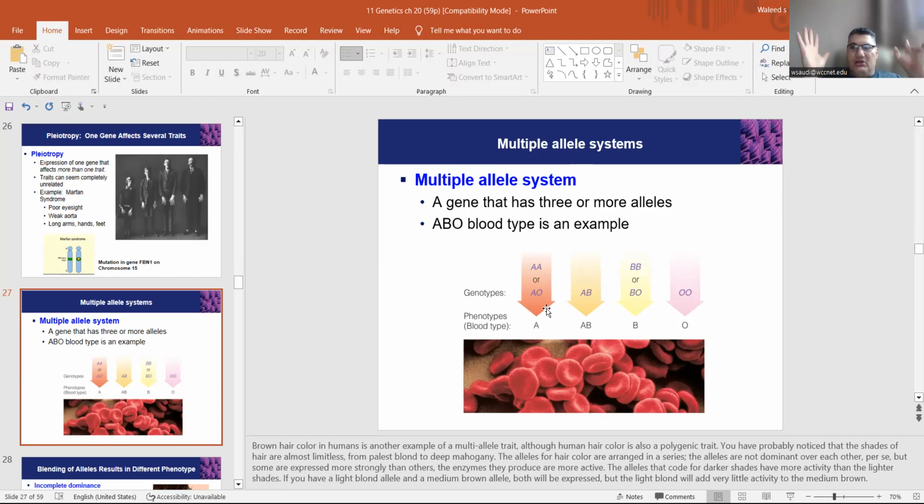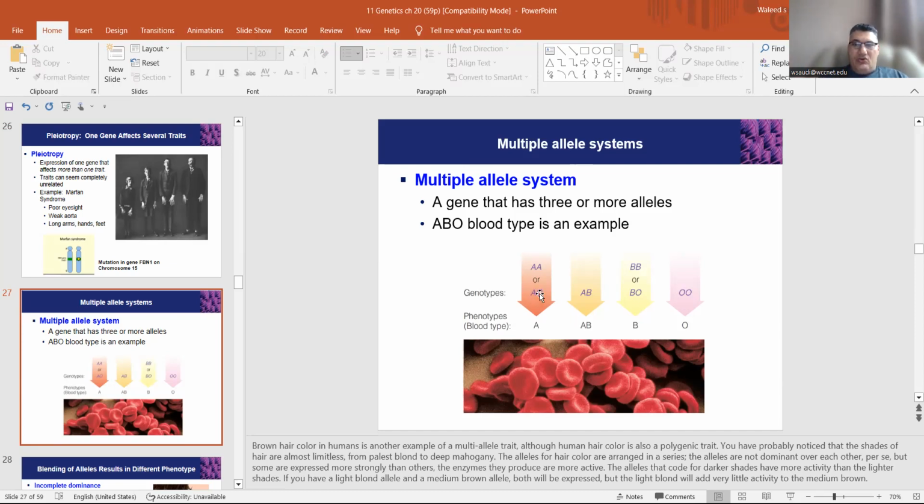This is the only chance because both of them are showing up. So A is not masking the B. No, because B is dominant. How about B masking the A? No, B is dominant as well. So this is called co-dominance. Both are dominant and each will show its own characteristic.